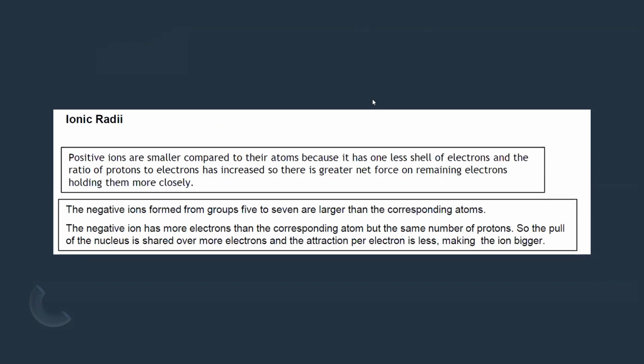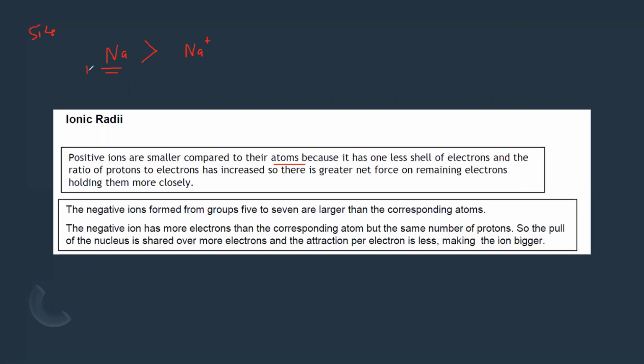Then what about the ionic radii, or when we compare the size of the ion? Positive ions are smaller as compared to that of the atom. What is the reason? For example, if I compare the size of a sodium atom with a sodium ion, I'll find that the sodium atom is greater in size than the sodium ion. What is the reason?